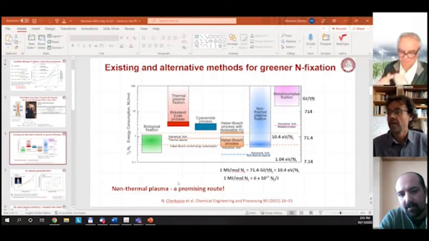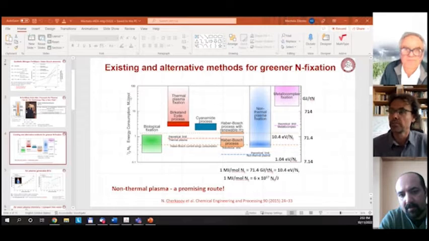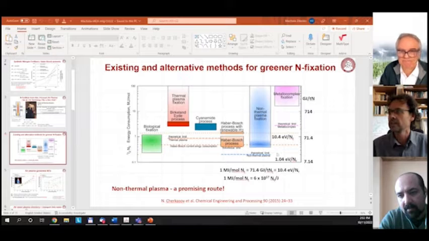So in terms of energy consumption in megajoules per mole, non-thermal plasma is the blue one here, and the theoretical limit is somewhere down here, which converts to gigajoule per ton of nitrogen, something like 10.